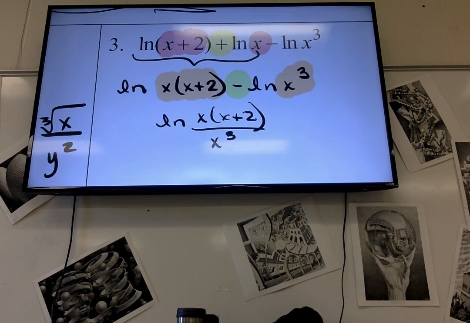That will simplify. You have an x and an x cubed, which reduces to x squared. That'll become natural log of x plus 2 over x squared.